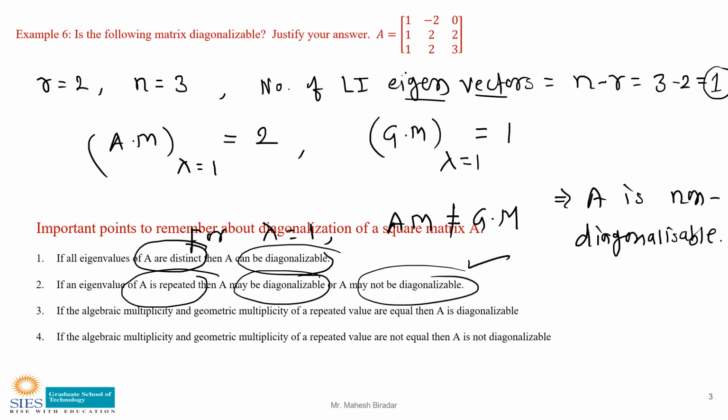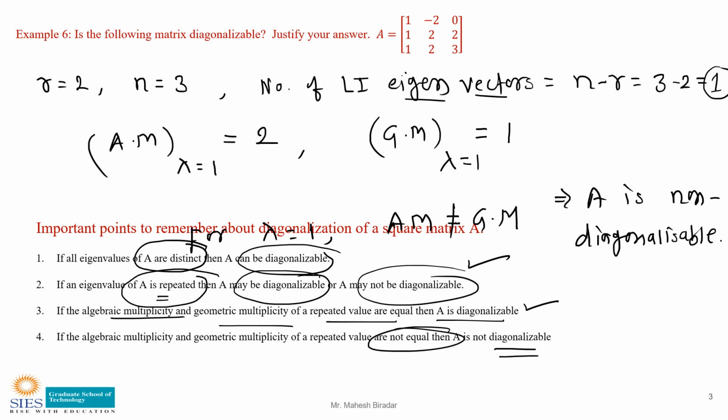So here, the given matrix is non-diagonalizable. Here eigenvalues were repeated, and we have used the third point: AM and GM for the repeated value, if equal, then it is diagonalizable. Here in this case, they are not equal. So this matrix is non-diagonalizable.